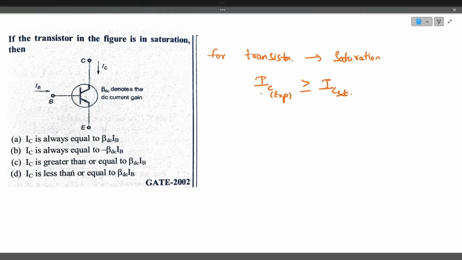Now this collector current can be written as beta DC into IB, since the collector current formula itself is beta into IB. So I am writing beta into IB greater than or equal to IC saturation. If you observe carefully here, IC saturation is less than or equal to beta DC into IB.